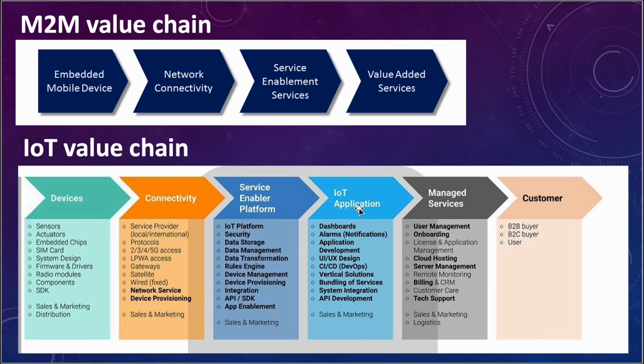An IoT application includes the dashboard, alarm notifications, the applications, right? Those things give the information to the user, to the person who actually wants to know the status of the IoT system itself. So developing that would be developing the front end part, so front end development.